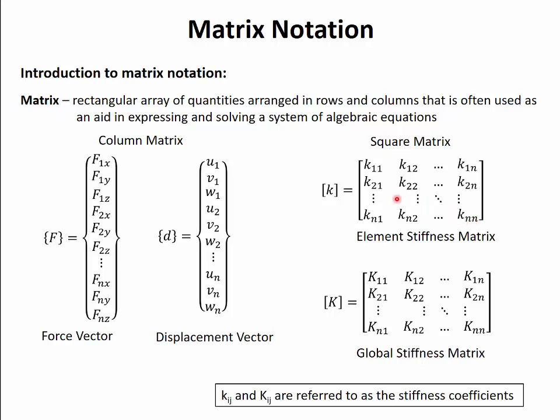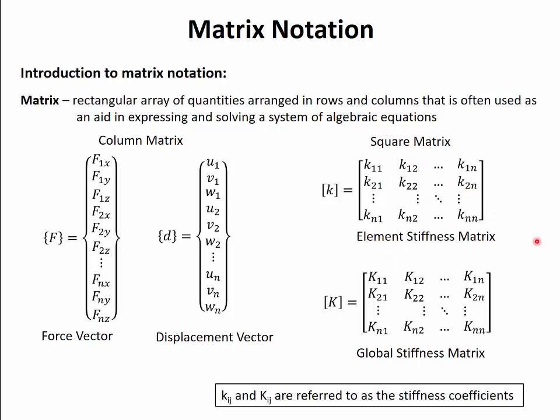N, like in Nancy, is the row, and the second letter, M, like in Michael, would be the column. So that's the way we typically use our indices. We refer to that as index notation, or indices, to indicate where in the matrix a particular element is.